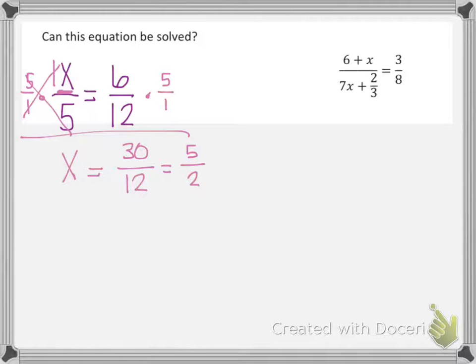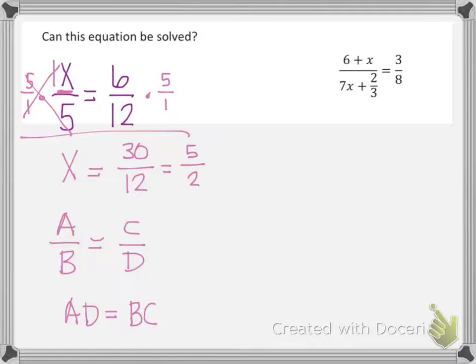If we had, let's say, a over b is equal to c over d. If we had two fractions equal to each other, a proportion or a ratio, what's always true is this: a times d will be equal to b times c.